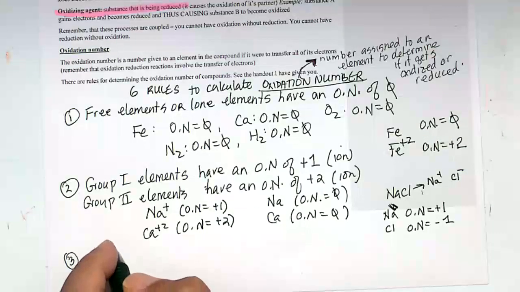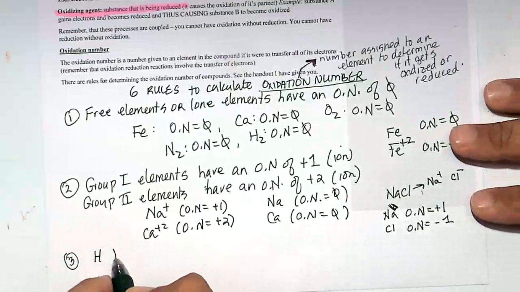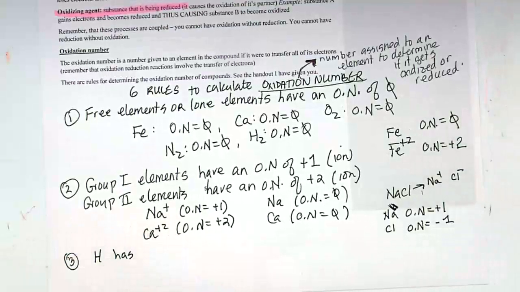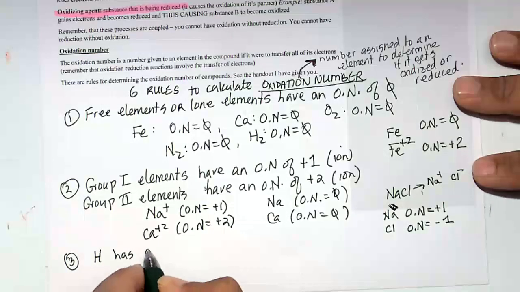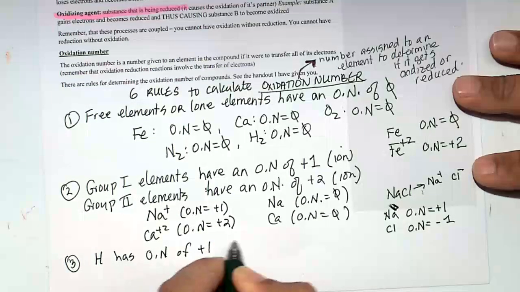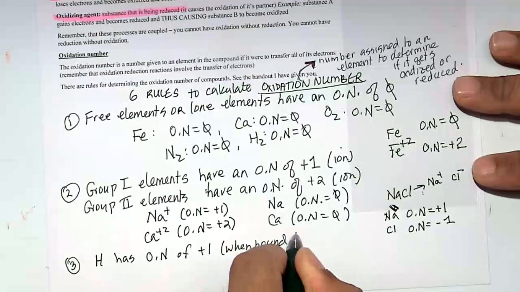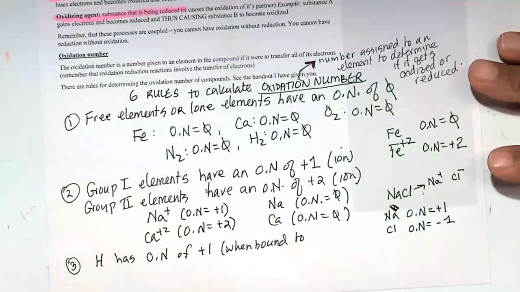When that hydrogen is bound to a metal, it's -1. But I'll give you both, but on the exam you'll only see it as +1.